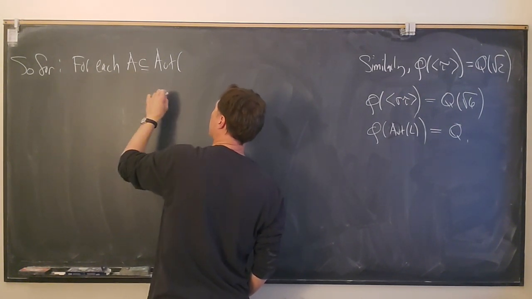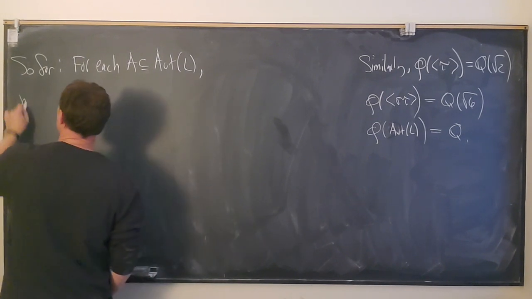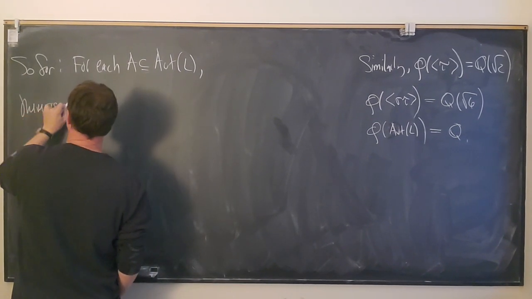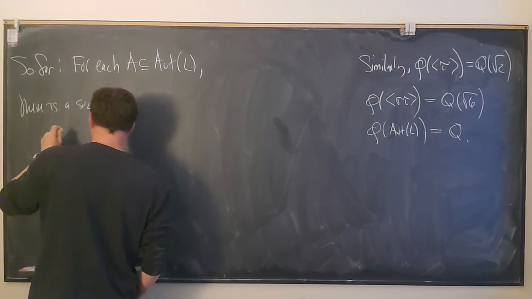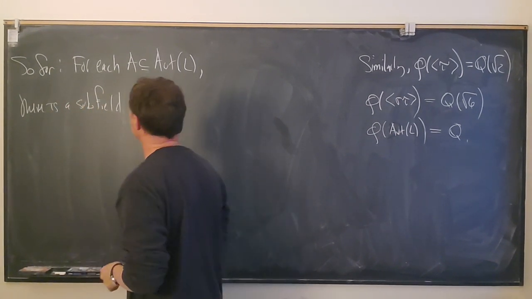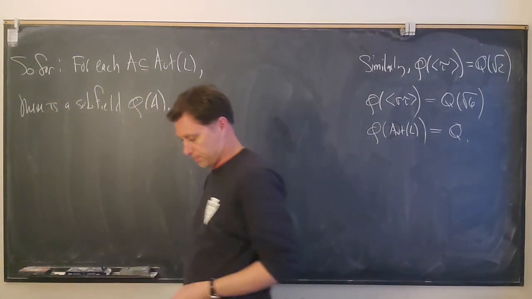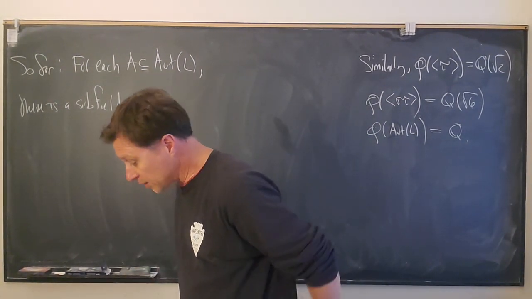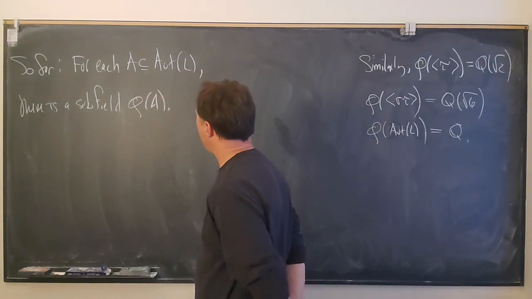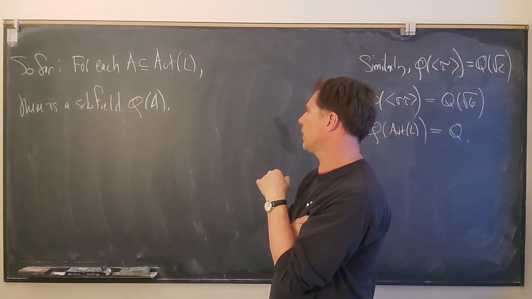So for each subset A of Aut L, there is a subfield phi of A. And so what this does is it induces an extension, right?